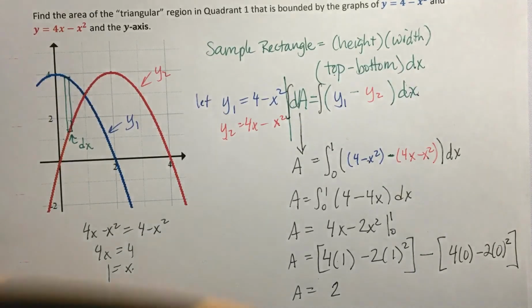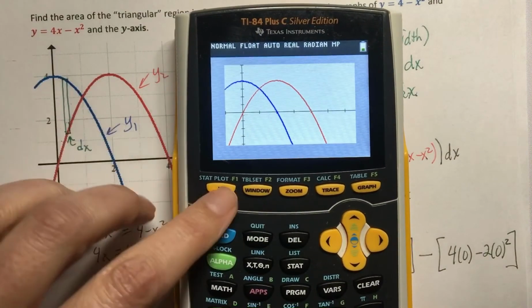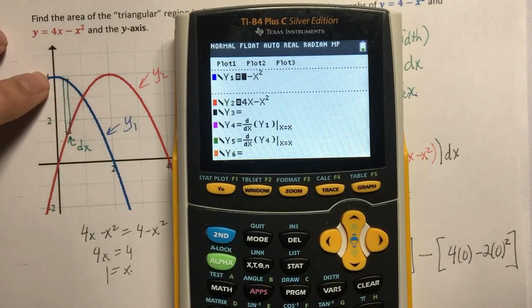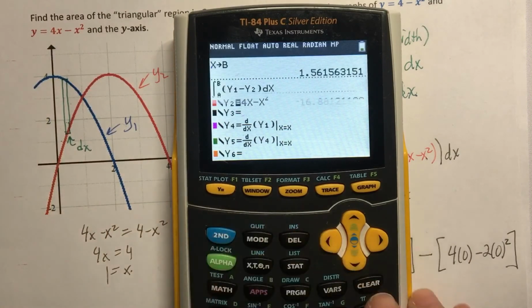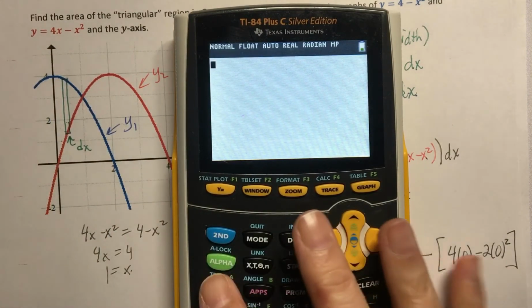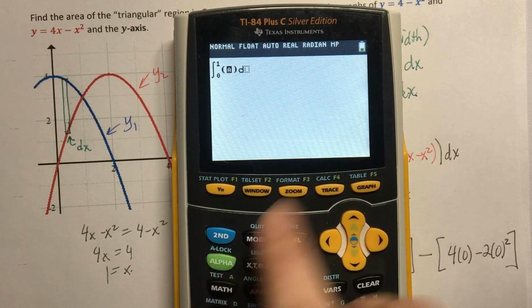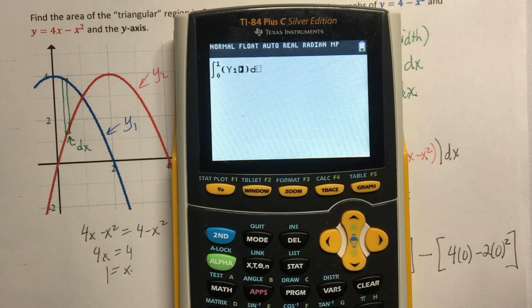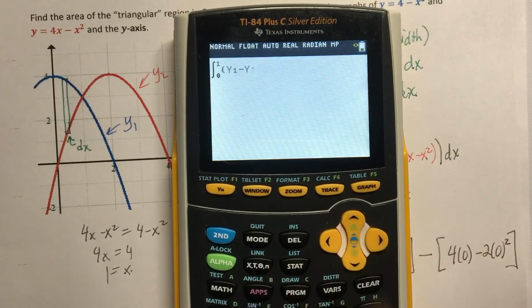Now I can do this on my calculator as well. Here's the same graph, and I'd still have my y1 as the blue and the y2 as the red. I kept my order the same just because it's easier that way. And then remember, I can go math 9, 0, and 1. And then I can do y1, so that's alpha trace, minus y2 and my x.